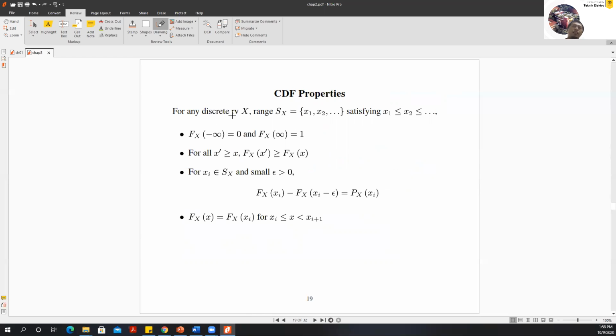For any discrete random variable x, which has a range x1, x2, and so on, we can state the following. First, the CDF at minus infinity becomes 0.